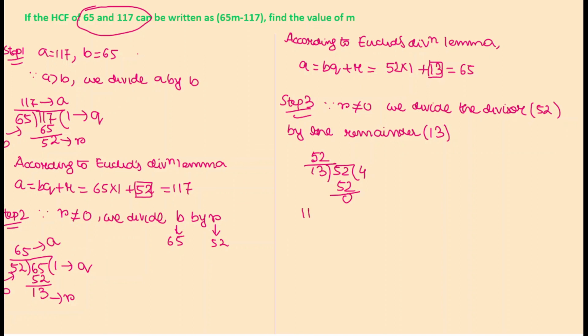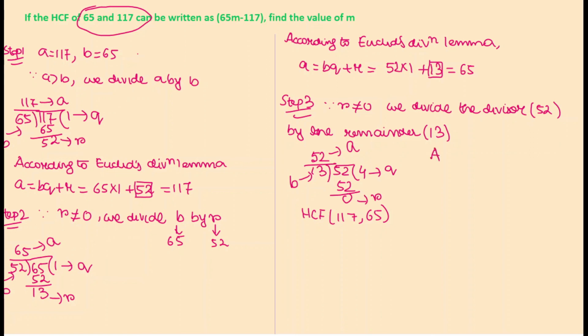Okay, so what will be the HCF of 117 and 65? It will be equal to the latest divisor. That is, 13 is the latest divisor, 52 is the dividend, 4 is the quotient and R is the remainder.